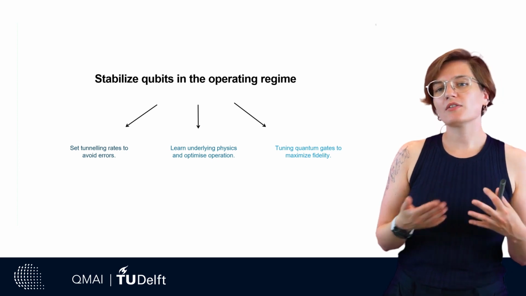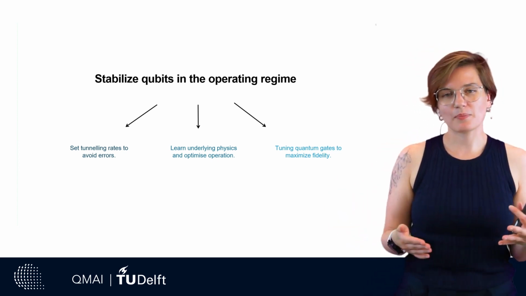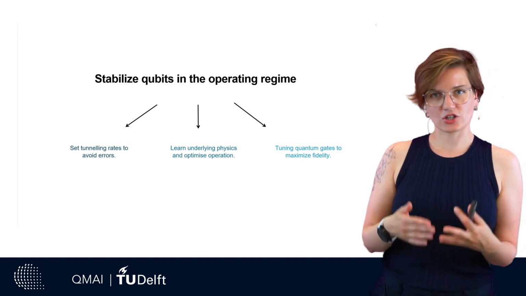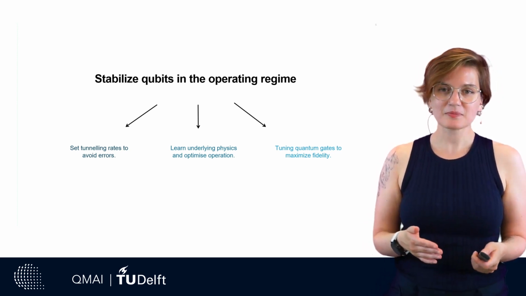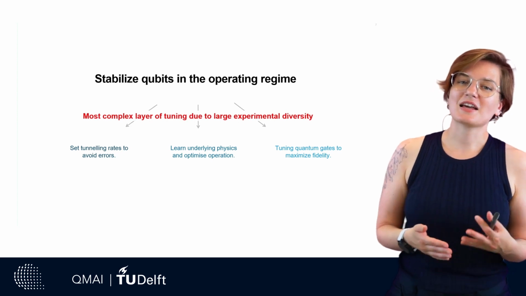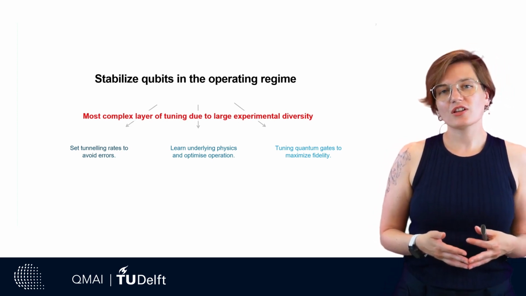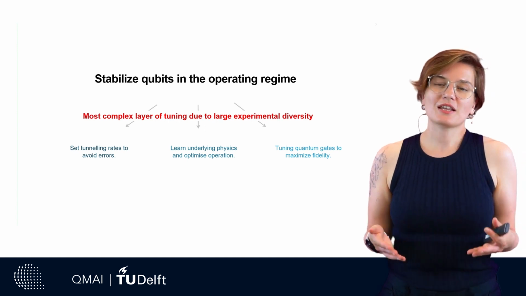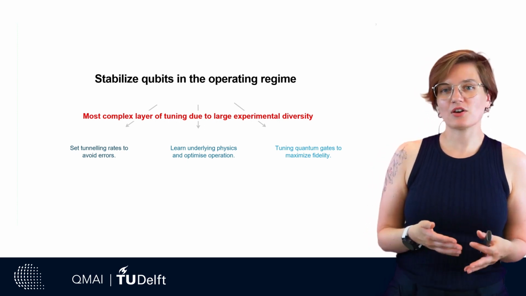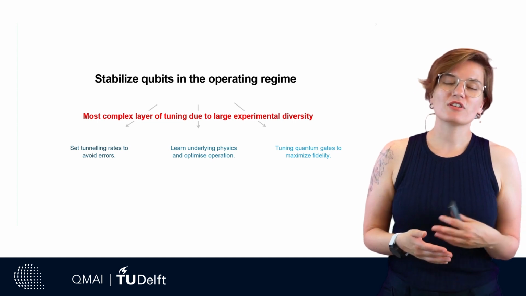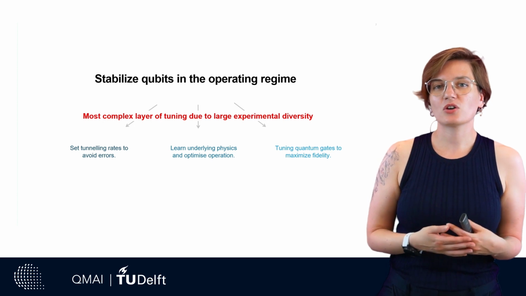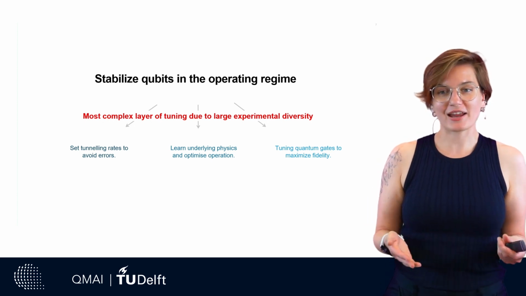So tuning quantum gates could be another example of this kind of stabilization of your device in the regime where you want to operate it. In the end, as I mentioned previously, this is the most complex layer of tuning due to the experimental diversity, because the stabilization will look super different based on what kind of experiment you are doing.